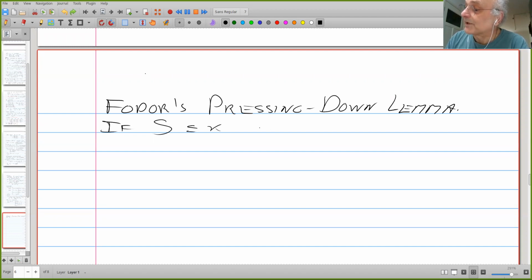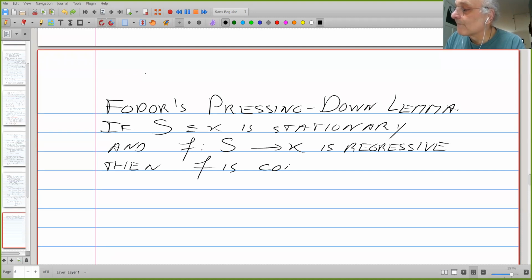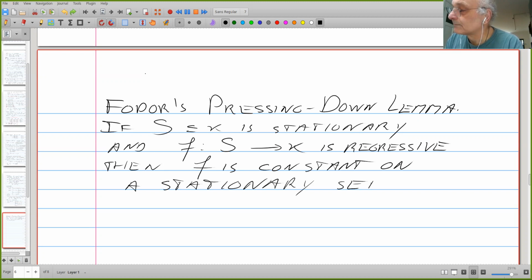If you have a stationary subset, kappa is still regular uncountable. Okay, this is the theorem.